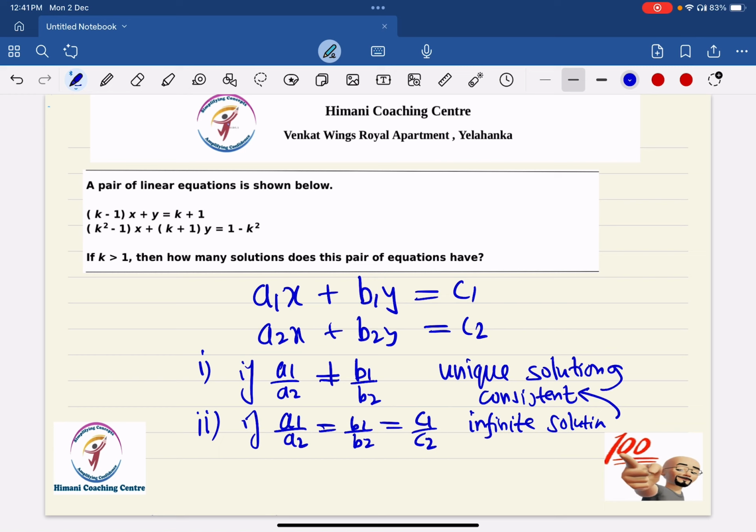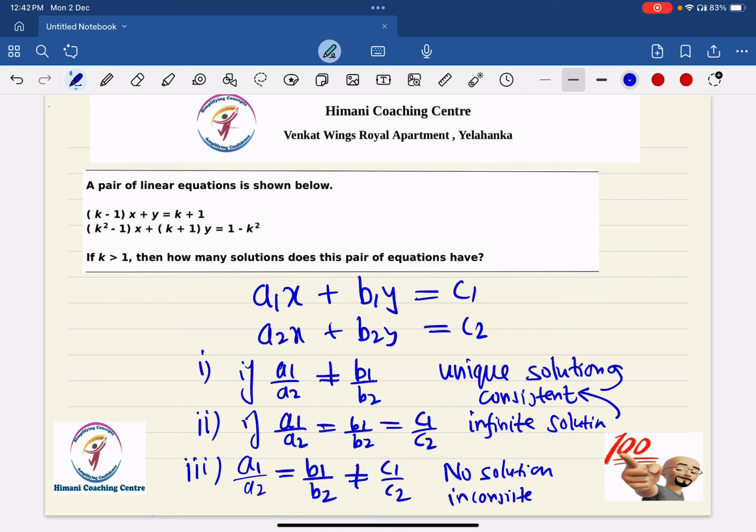In both these cases, these are consistent equations. In the third situation, if a1 by a2 is equal to b1 by b2, but that is not equal to c1 by c2, then we say no solution. In fact, the lines are called inconsistent.